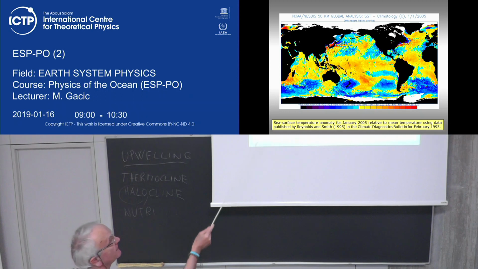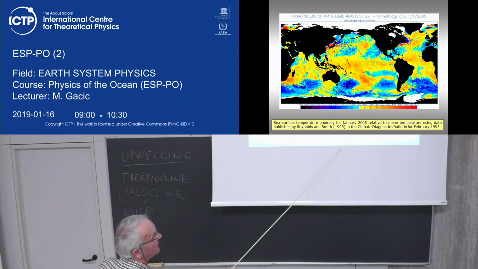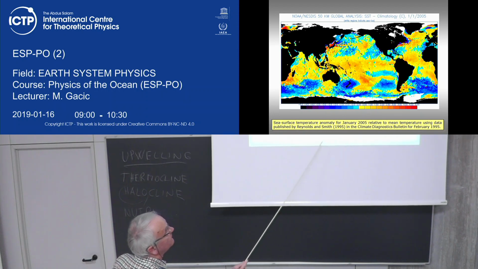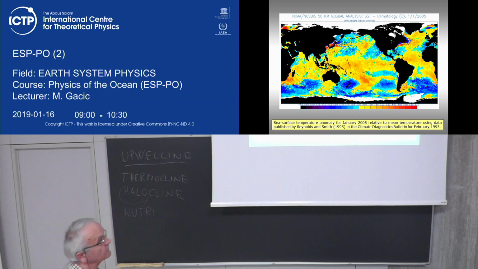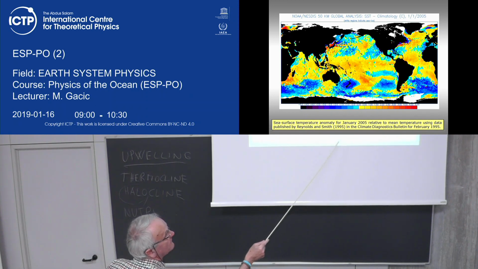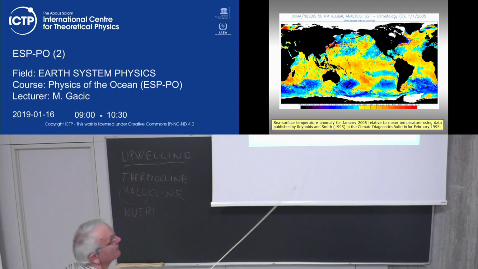So this diagram shows you to what extent the temperature for January 2005 differs from the long-term average, and you can see that these differences can go up to 2 degrees, 3 degrees, and to minus 3 degrees.